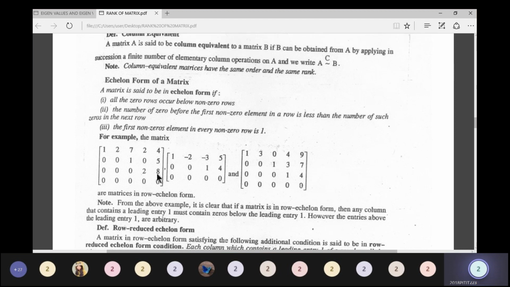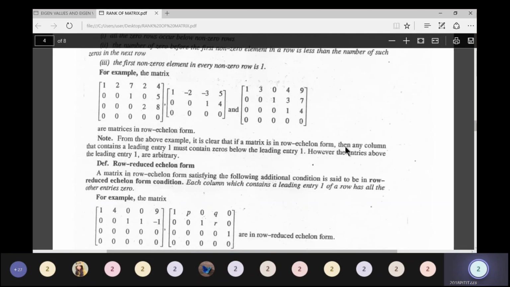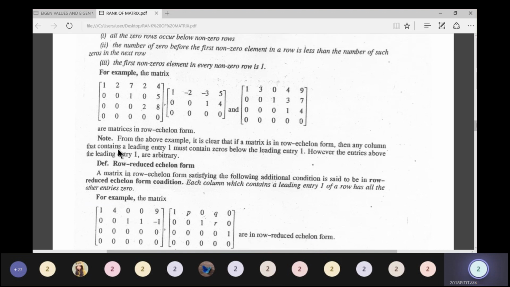The rank of this matrix is 2. The rank of this matrix is 3 because there are 3 non-zero rows. The rank of this matrix is also 3, because the number of non-zero rows is 3. From the above examples, it is clear that if the matrix is in row echelon form, then any column that contains a leading entry 1 must contain zeros below the leading entry.